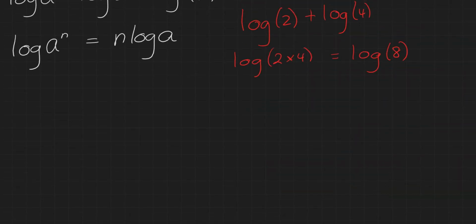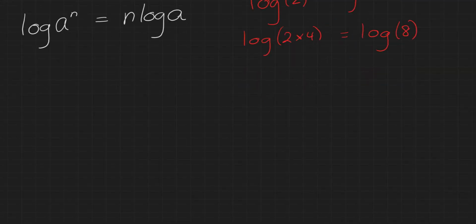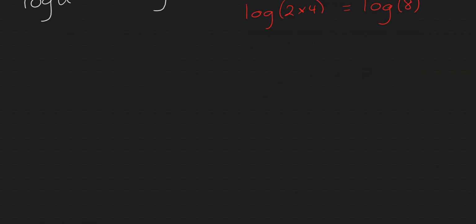Well, let's look at another example where we can use another log rule. Okay, so I might just cover this up over there, and let's look at log of 6 minus log of 2, and I want to write this as a single term.